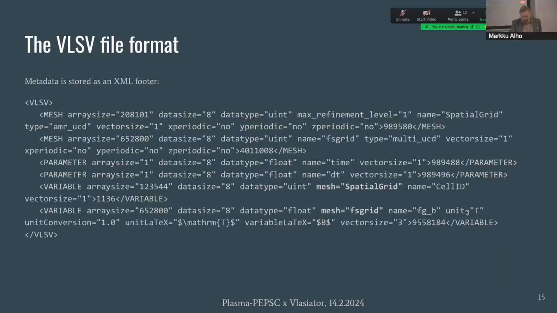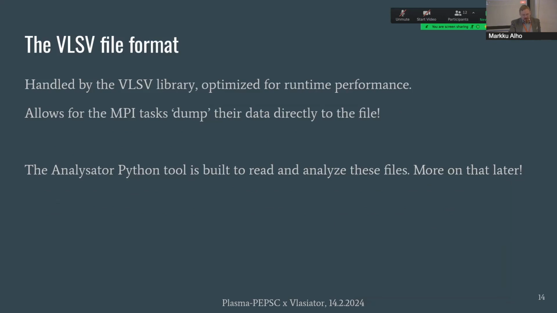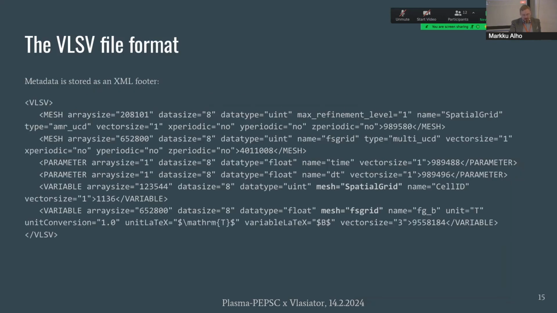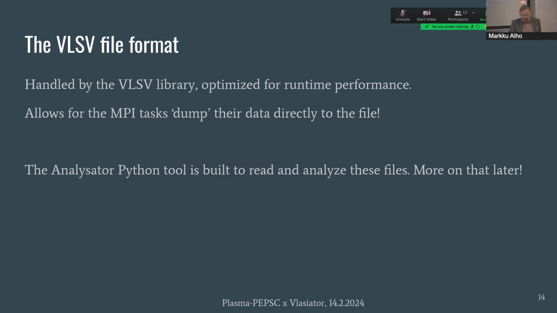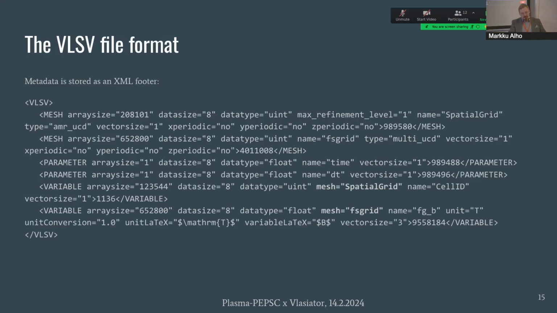So let's see a bit about the actual file format. These are all also gone through in the material. The format is such that we first have a block of binary data that has been stored directly from the MPI tasks.